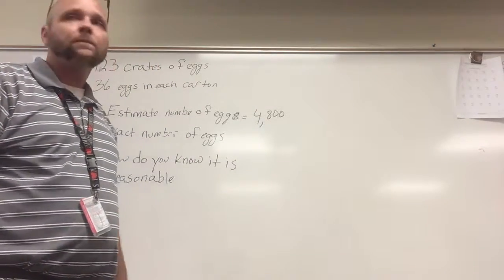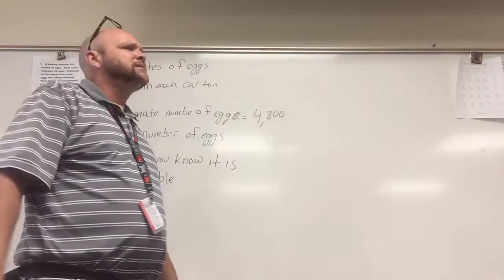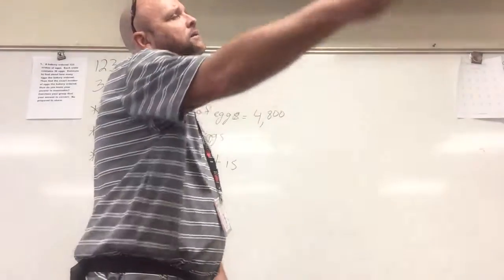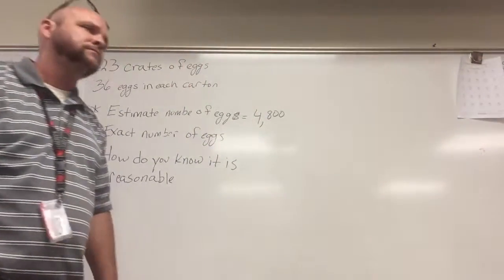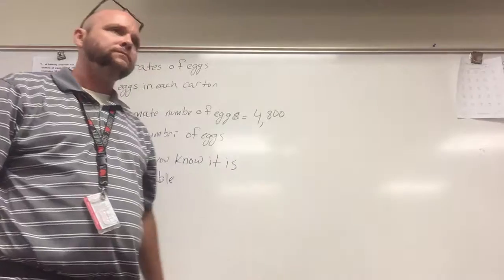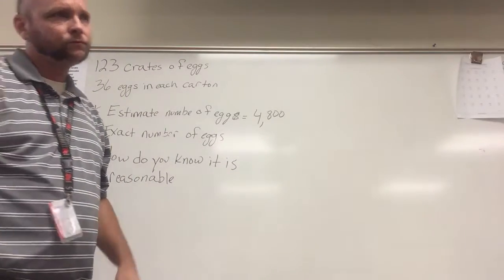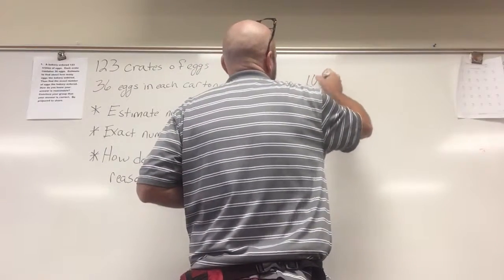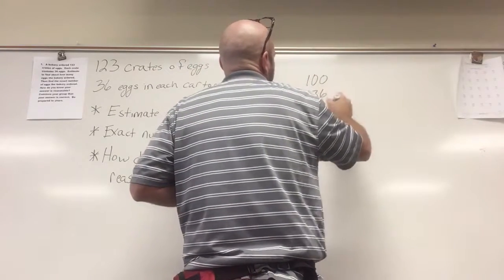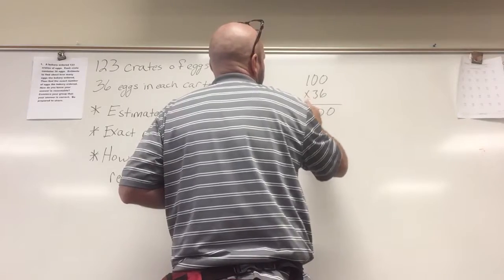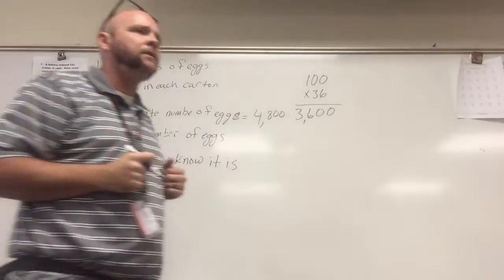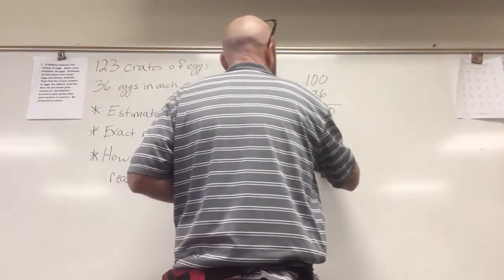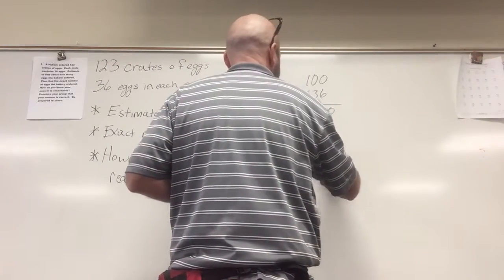No. Okay? So let's ask someone. Reed, tell me how you solved it. Okay, first I did 100 times 36. So you put 2 zeros and got 3,600. Then I did 20 times 36.